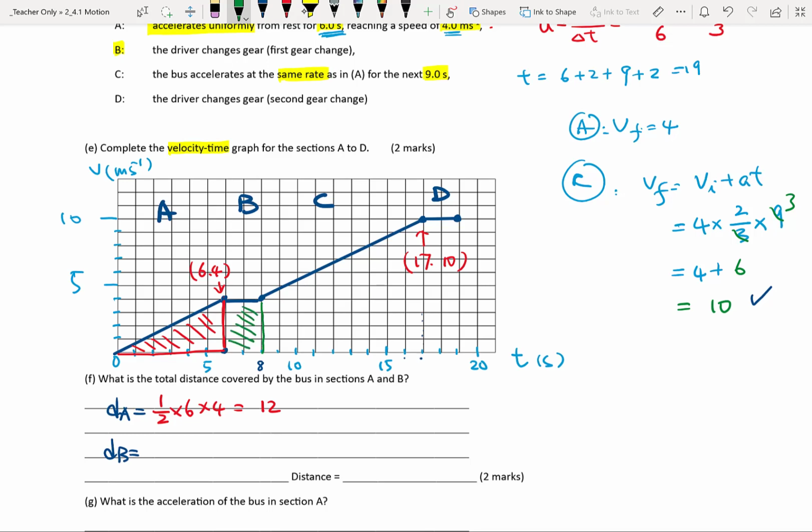So it is width times length. This is 2, and here is 4. So the travel is 8 meters. Okay, so the total distance D will be DA plus DB, which will be 12 plus 8 is 20. So that will be 20 meters.